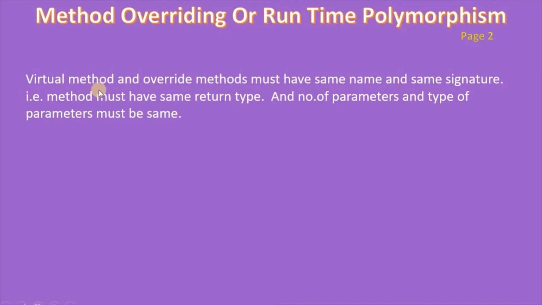Virtual method and override methods must have same name and same signature. That is, method must have same return type and number of parameters, and type of parameters must be same.